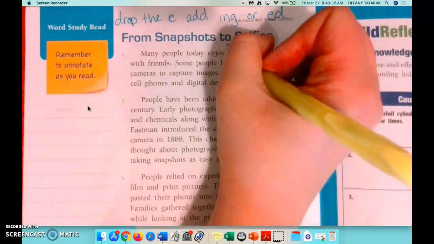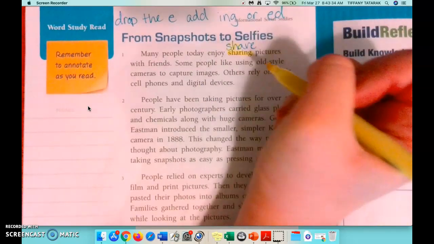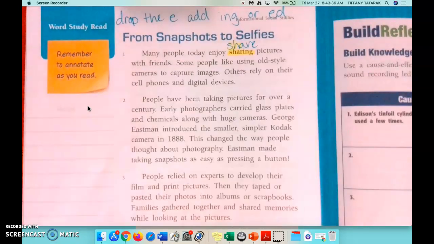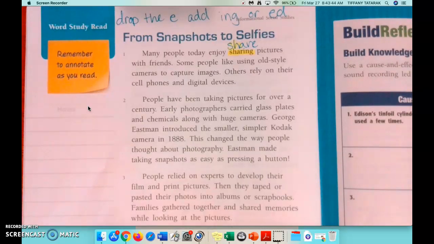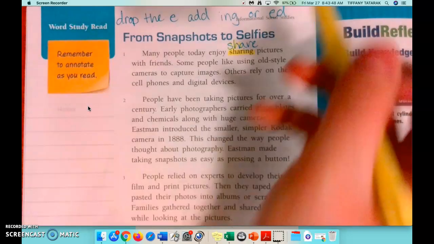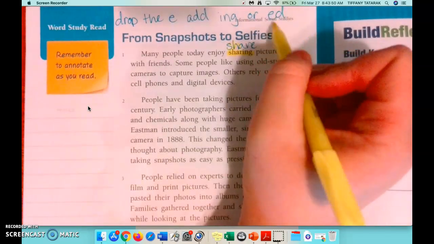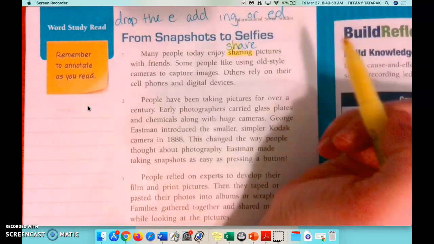So that's what we're looking for. We're looking for words that would have an E at the end, but then they had to drop it to add the ing or the ed. Okay? So now we're going to continue looking through. Remember, we're looking for ed endings and ing endings.